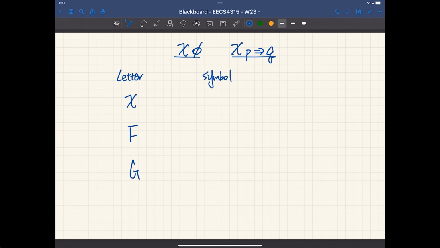For X, it will be a circle. Just a circle. For F, it will be a square. For G is a circle. Beg your pardon. You want to take a guess what F is? Future. Triangle? Huh? Diamond. Aha, that's a good guess. Not too sure why, but it happened to be the case.